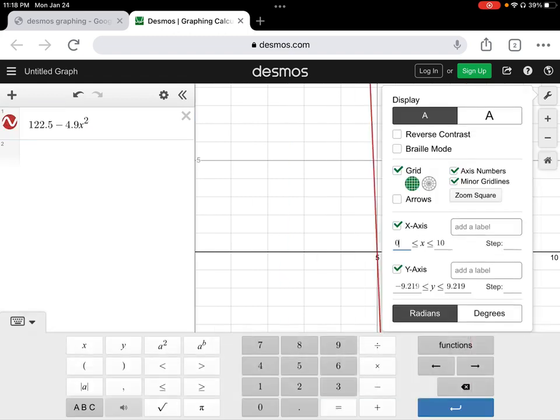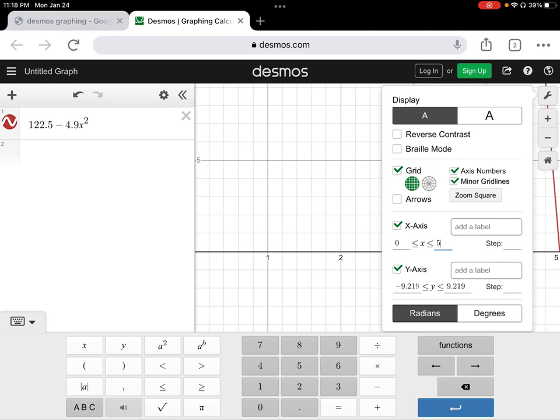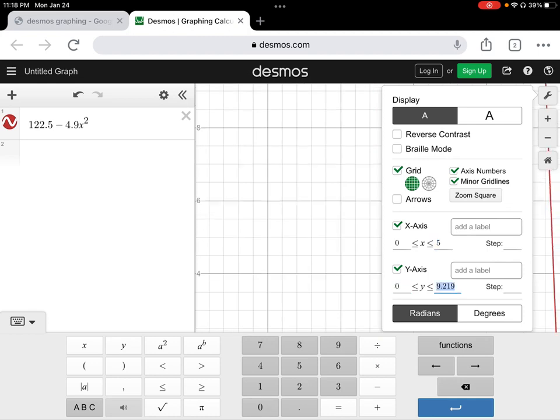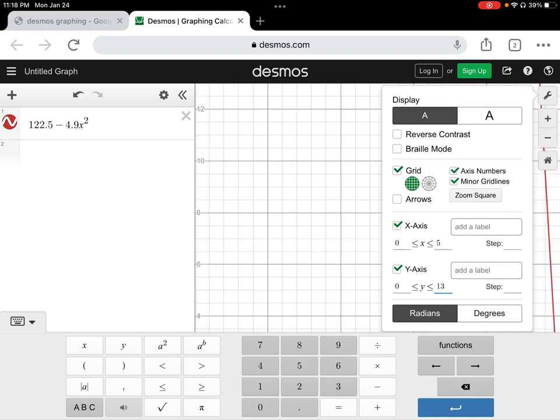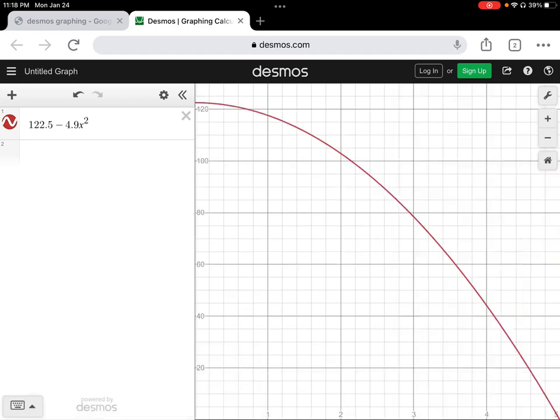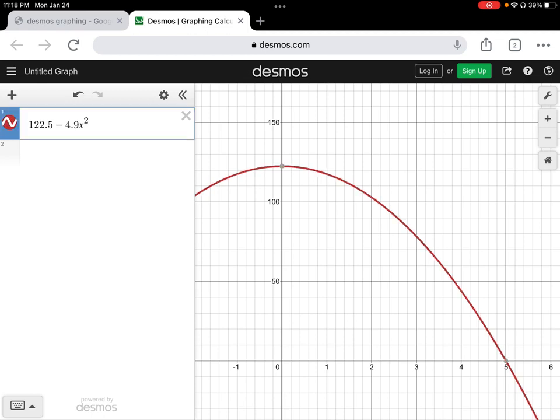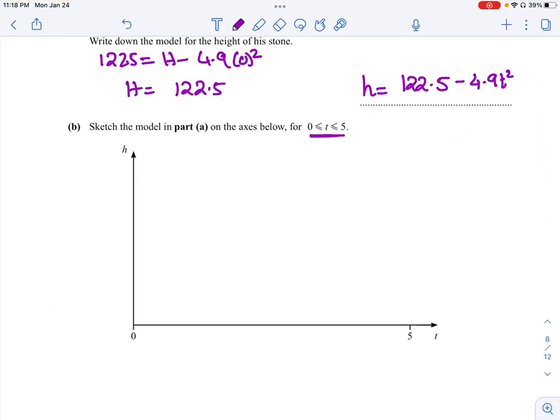The x-axis is from 0 to 5 and the y-axis is maybe from 0 to 130. 122.5, so I take 130. So you can see this point is 5 comma 0 and this point is 0 comma 122.5. So what you can do is go back and join over here. So this is 122.5. So this should be the approximate graph.